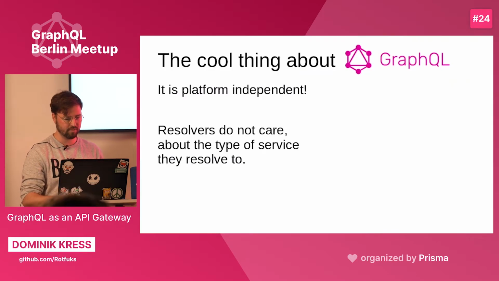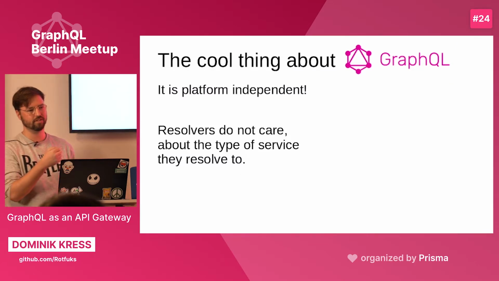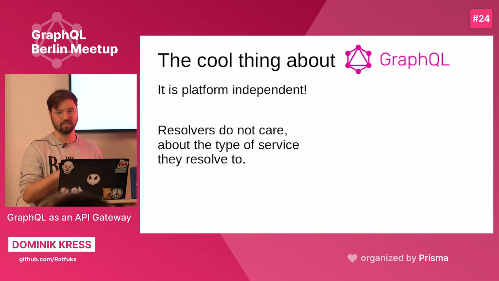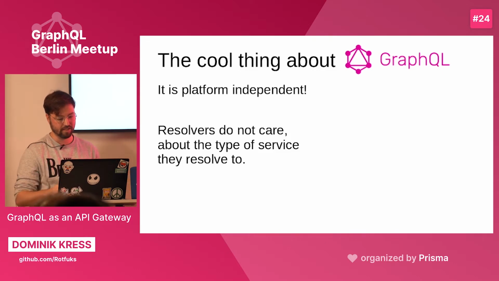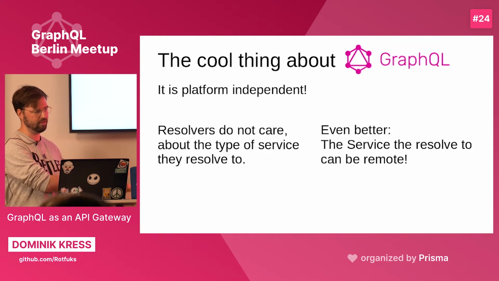Making it easy, the cool thing on GraphQL is, as we already have heard in the short introduction of it, it is platform independent, so the resolvers don't really care where they resolve the data into. And it doesn't care about the type of the service or whatever. And the more interesting thing is, it doesn't even have to be a service within its application.